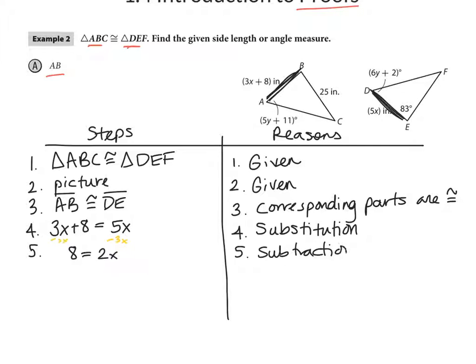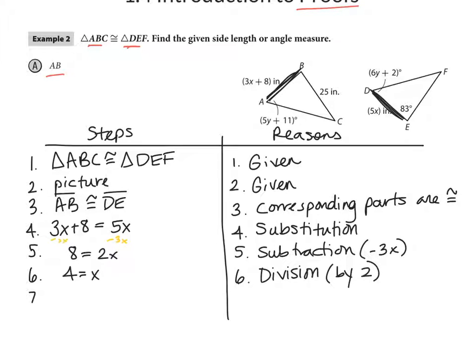That's all I'm writing because that's what I did, and if you want to write minus 3x to say what step we did, you can do that. Then I'm going to divide, and that gives me x equals 4. Or you can write 4 equals x, whichever one you want. The step I just did then was division, and I'm going to say by 2. That's just me making notes for you all.